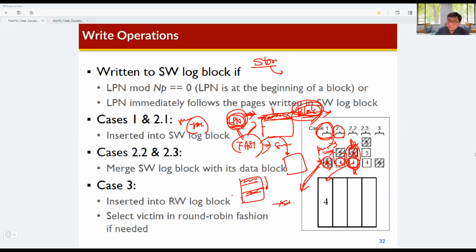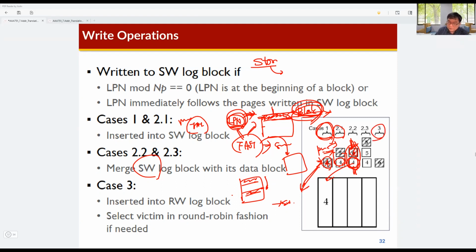So in this case, the sequential write is broken. Then the SSD just merges this sequential write log block into the data block. That means this log block cannot be used for sequential write, so the FAST SSD performs the merge operation with the data block.